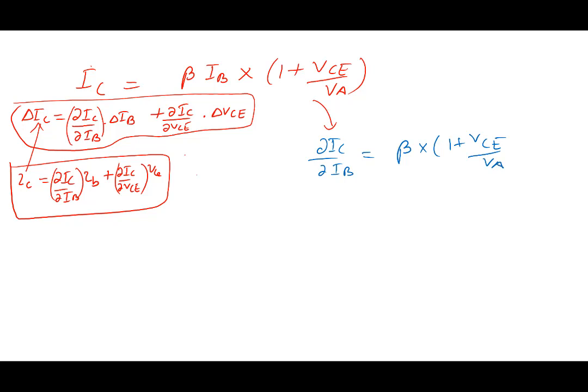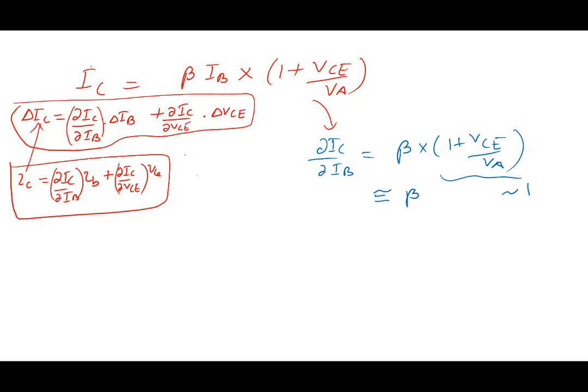Agreed? Del IC by del IB is beta. Now what are we saying about VCE by VA? VA could be 100 volts, VCE could be 2 volts, so this factor is fairly close to 1. So we'll approximate this as simply beta, neglecting this factor.